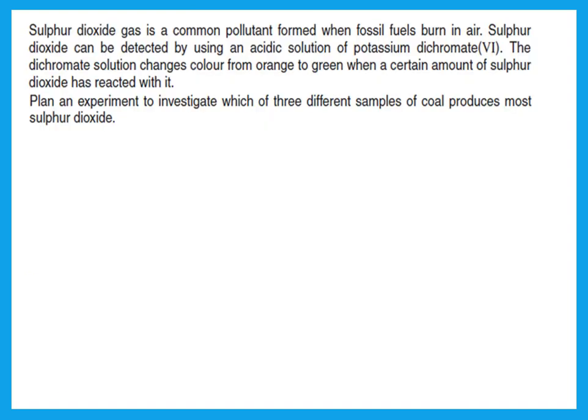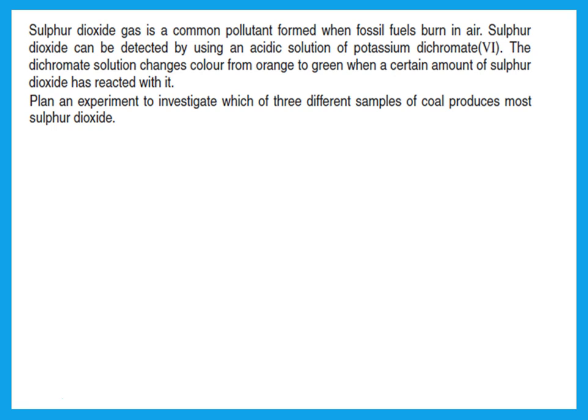Sulfur dioxide gas is a common pollutant formed when fossil fuels burn in air. Sulfur dioxide can be detected by using an acidic solution of potassium dichromate. Remember we said sulfur dioxide gas, the test for it is we put acidic solution of potassium dichromate. The dichromate changes from orange to green.